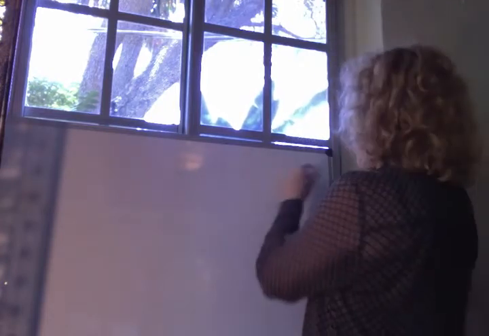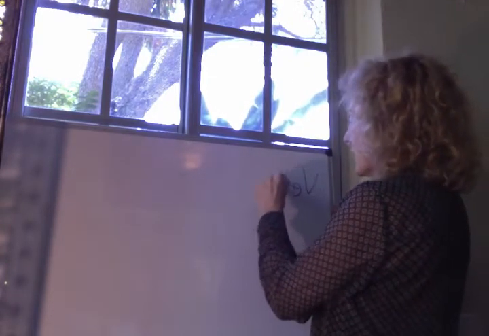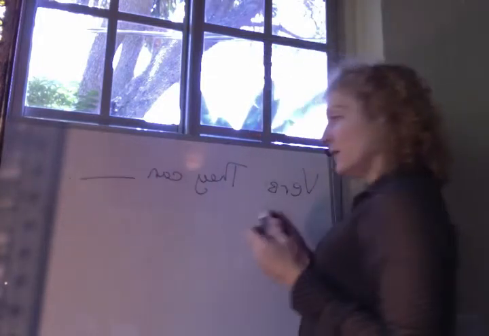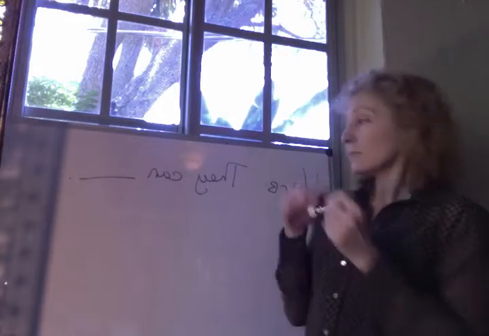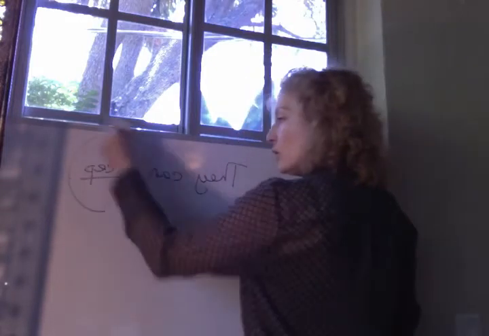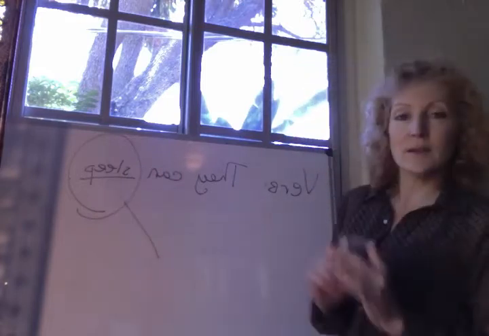So what about verbs? If you have a sequence such as "they can," and then you can have a word following that. So for example, "they can sleep." You know that this word must be a verb.